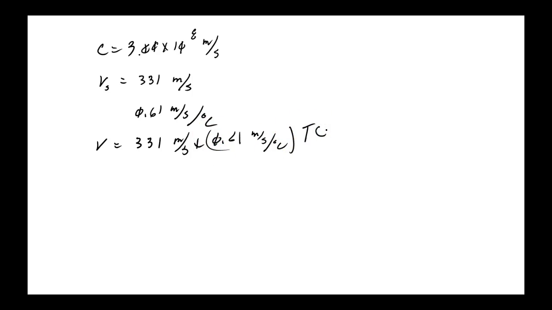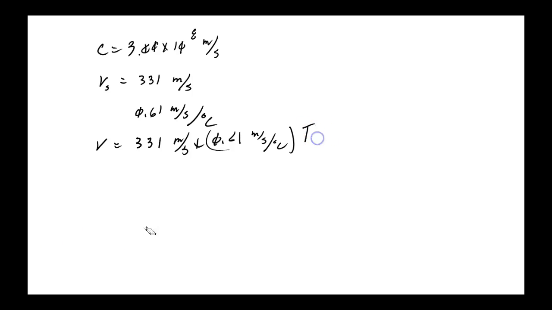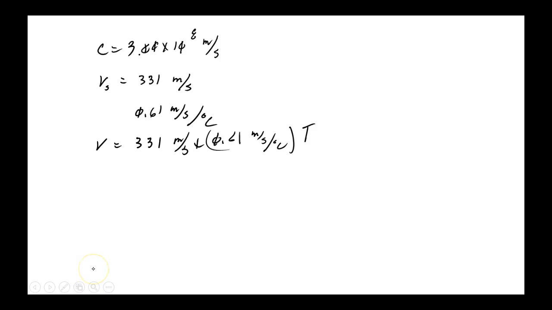Okay? Why do we add that rate? Because that's how much the speed of sound increases by, which is an addition. For every degree Celsius, it goes up by 0.61.